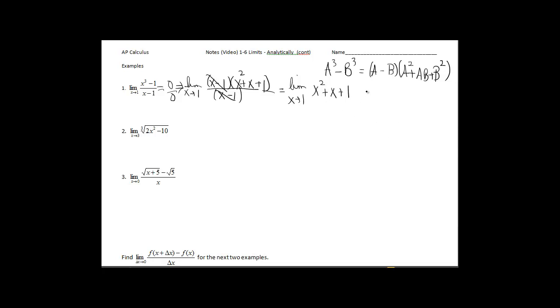Okay, now you're able to evaluate this function at 1 without any problems, plug it in, and you get an answer of 3. So our limit is 3. Okay, so a little more algebra, just a little more intense, not just factoring basic functions, but more involved as far as difference of 2 cubes. Okay, let's look at example 2.